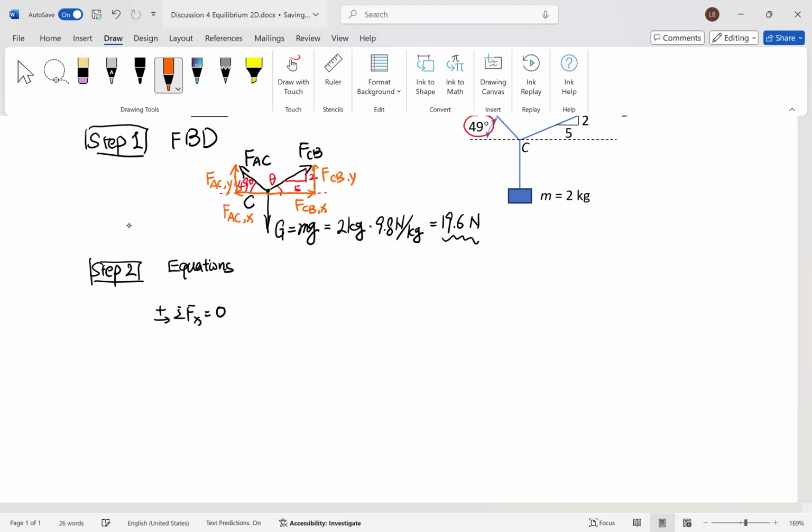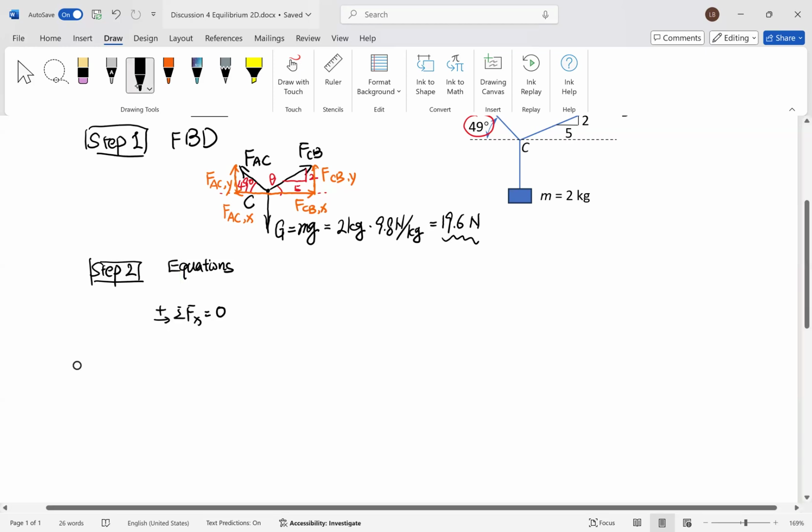By drawing this, we have the components and the forces forming a force triangle, and it is a right angle triangle, therefore we can make use of trigonometry to calculate those.